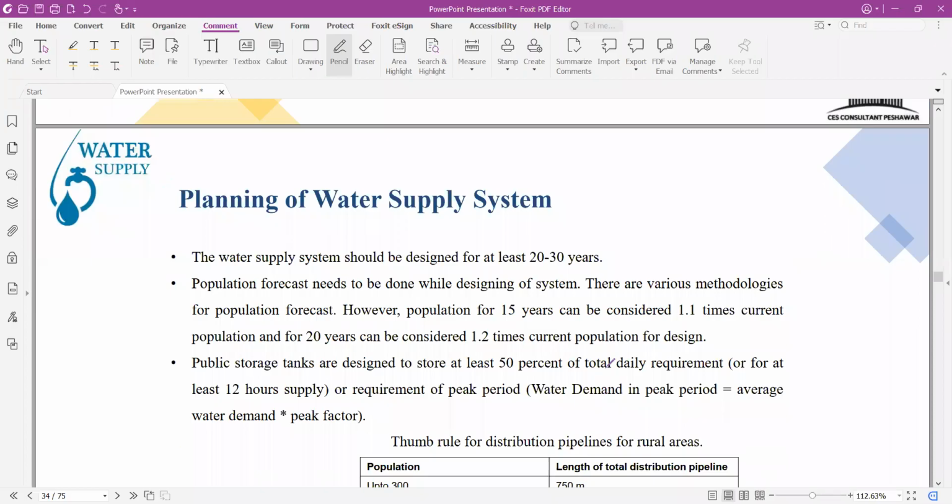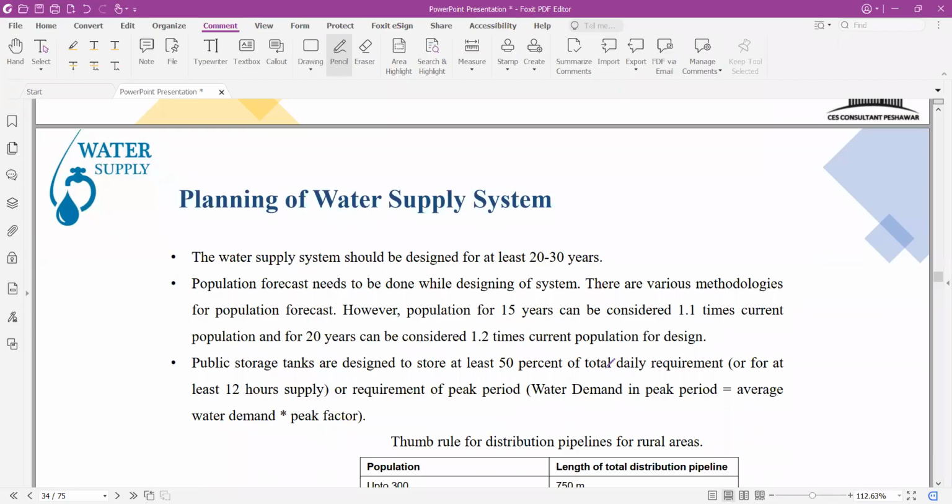Before designing a water supply system, you should decide whether you want to design the system for 20 years, 25 years, or 30 years. Basically, it's a range. It may be designed for 35 years or 40 years, depending upon the condition, the weather, and other factors, including the soil.